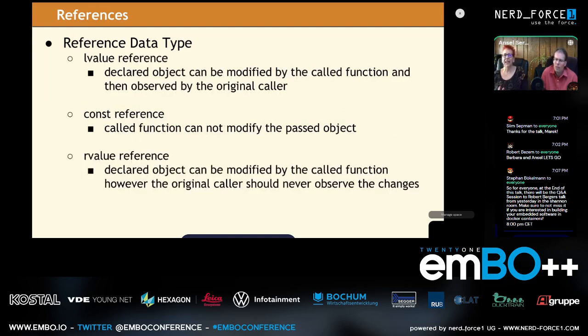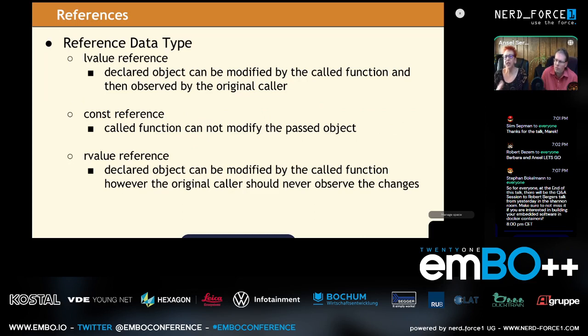So now let's get a little bit more specific. We kind of shy away from just referring to something as a reference data type. It's not specific. It doesn't tell me what you're talking about. We actually need to know what kind of reference data type. There's an L value reference, a const reference, and an R value reference. Now, if you've noticed, the const reference really is a const L value reference, and most people drop that L value because it is implied.